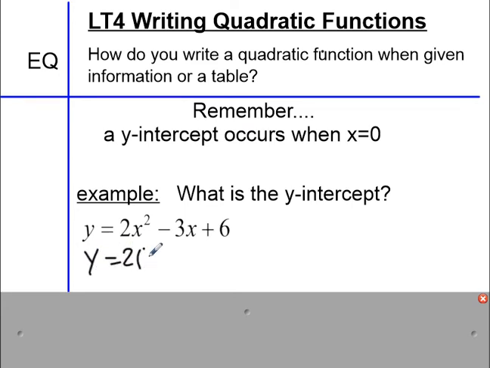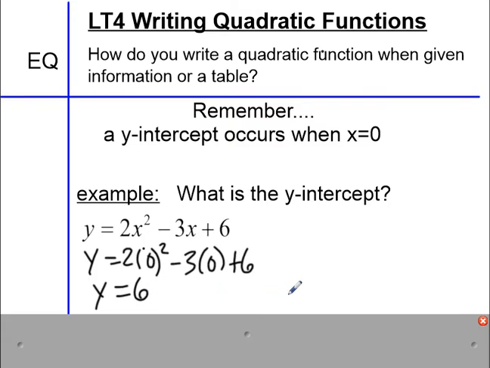So 2 times 0 squared minus 3 times 0 plus 6. 2 times 0 squared is 0, 3 times 0 is 0, and 0 minus 0 plus 6 will equal 6. So my y-intercept for this equation is actually the 6 that we had in the original equation.